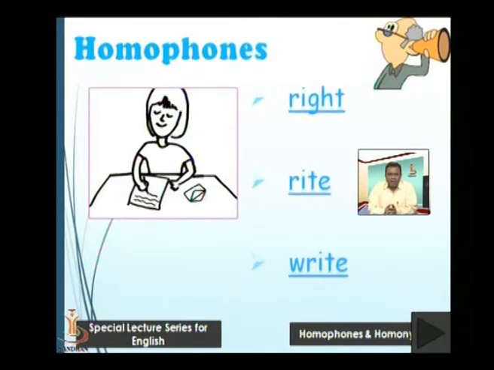Rite, R-I-T-E, is mostly used in plurals, rites, funeral rites, some tradition, some specific tradition. So rites. And write, W-R-I-T-E, an activity of writing. These words are pronounced somewhat alike. The spellings and meanings are different. These are homophones.